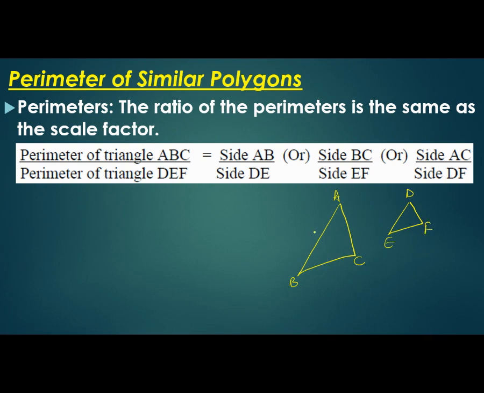Now, let's say that for one of the triangles, all the measurements are given. This side is 7 units, this one is 5 units, and this one is another 5 units. And in the other triangle, one of the sides is marked as 2 units.